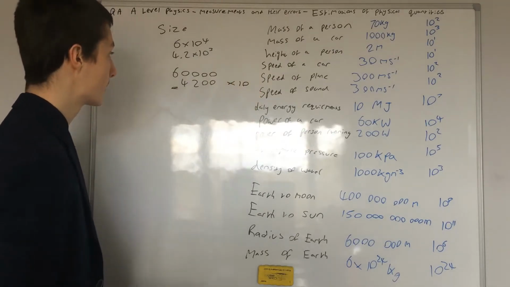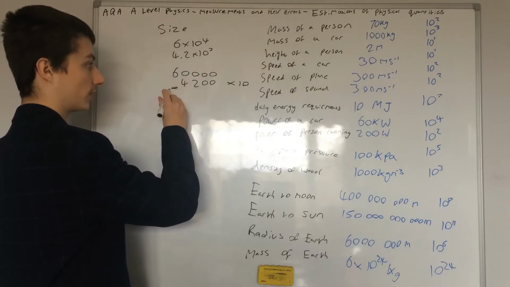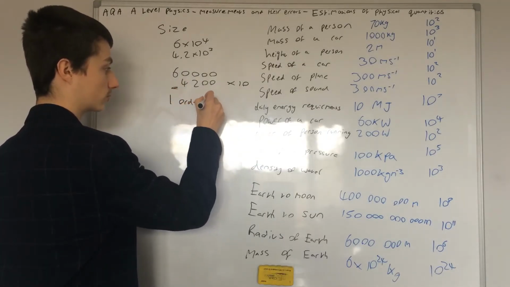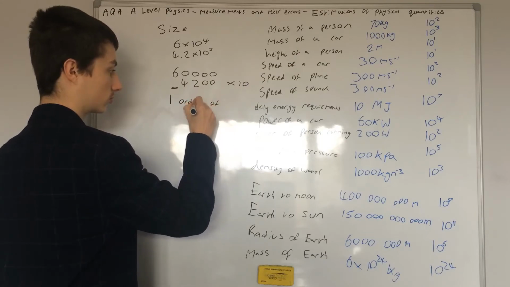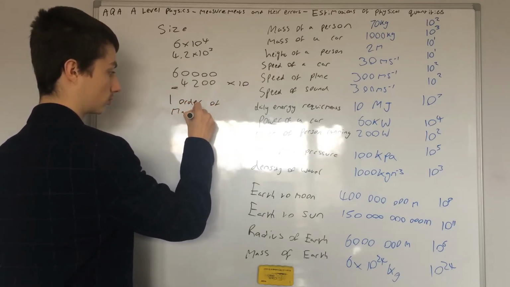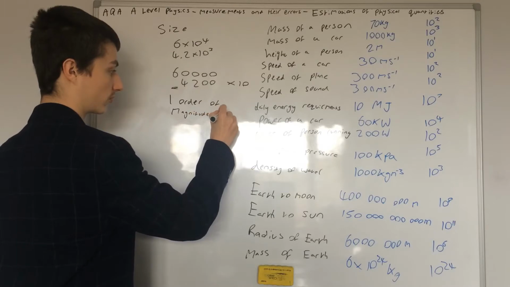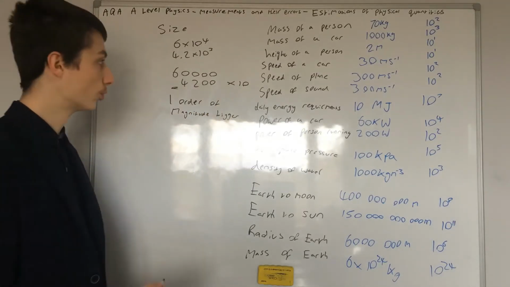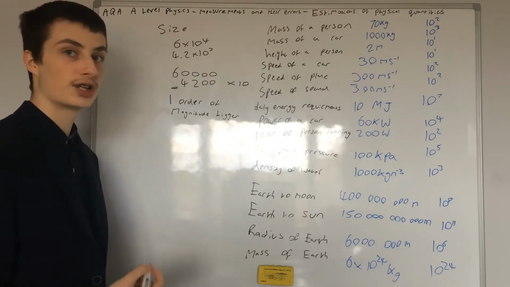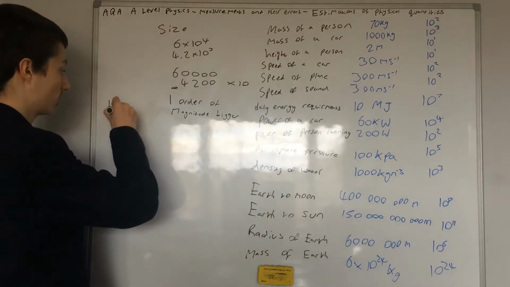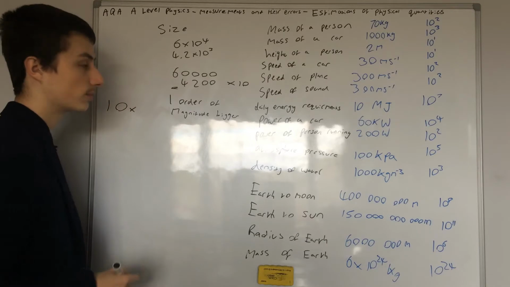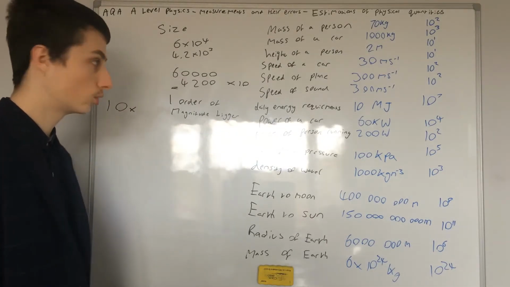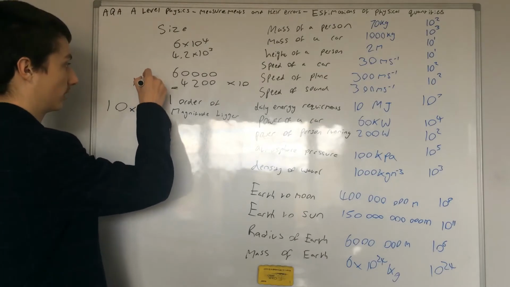And because of this one gap, meaning it's 10 times larger, we say it's one order of magnitude bigger. Each order of magnitude bigger is 10 times. So if a number is 100 times another number, it is 2 orders of magnitude bigger, or 10 to the second power.